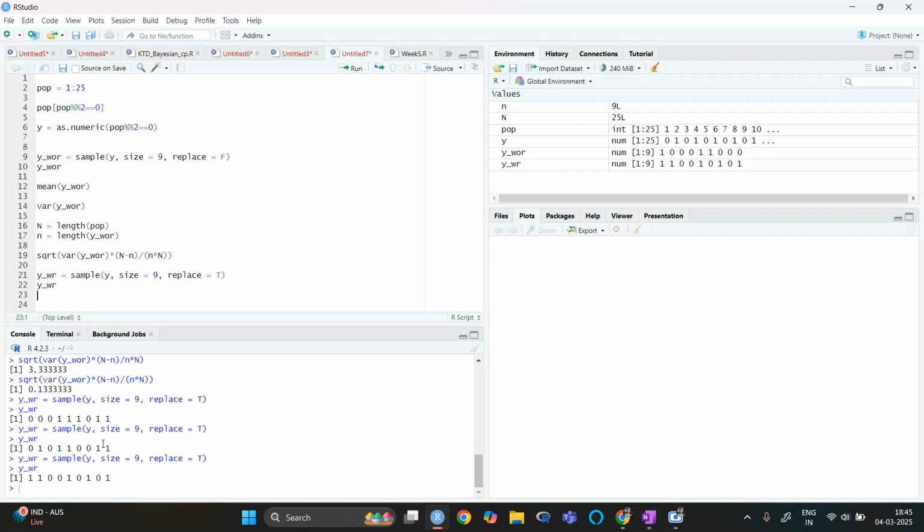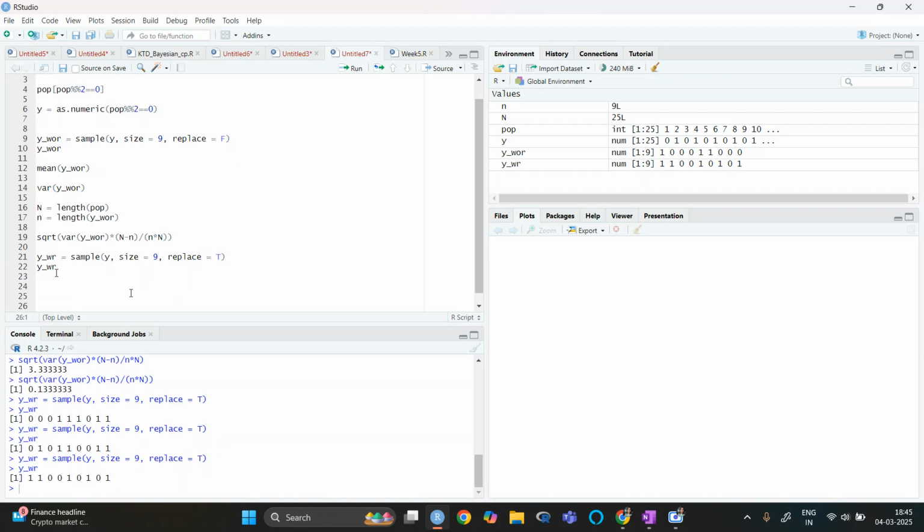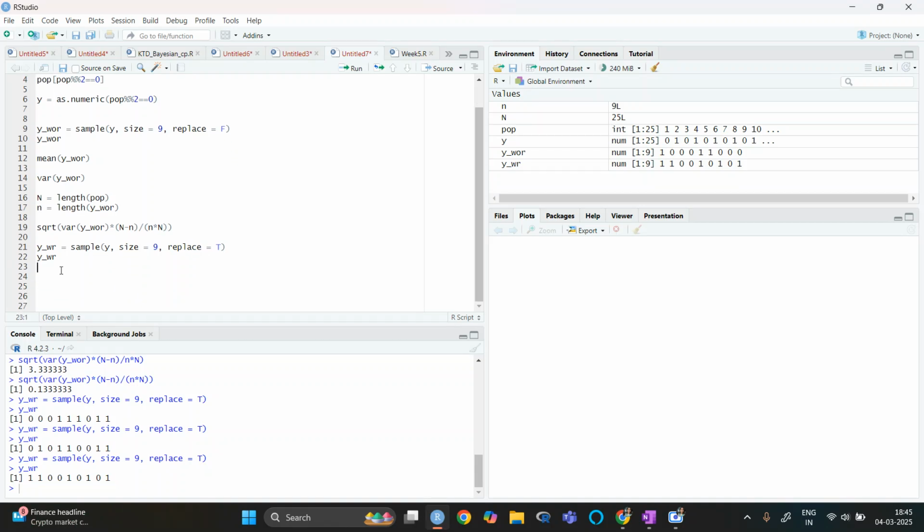So here we can see that one is more in the first one, also one is more in the second one, and in the third one also I think one is more. Anyways, we can take any sample. We do not need to generate it again and again right now, but you can try it for practice.